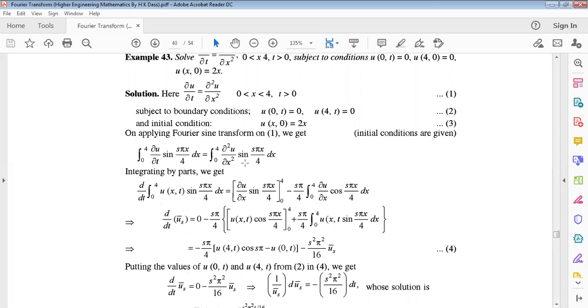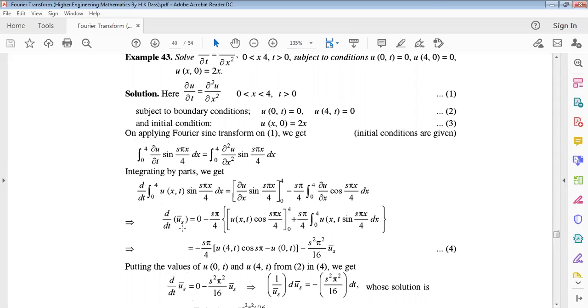The differentiation of this will be cos, but dividing by the coefficient of x, which is s pi divided by 4, from 0 to 4. This one again integration, and again integration means del u del x. Remember it. Now this can be written as d/dt of u bar s.